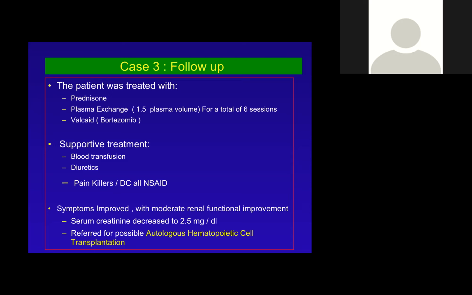Most of the plasma exchanges in such cases don't reach such plasma volume, and that's why they suggest that they may not be so beneficial. So this is very important. The other point, I would like to have your opinion. If this patient passes into a state of end-stage renal disease, do you suggest combined kidney and bone marrow transplantation?